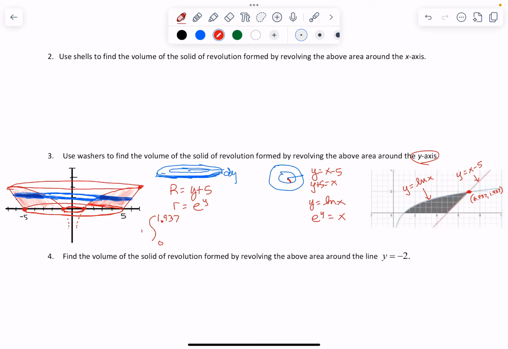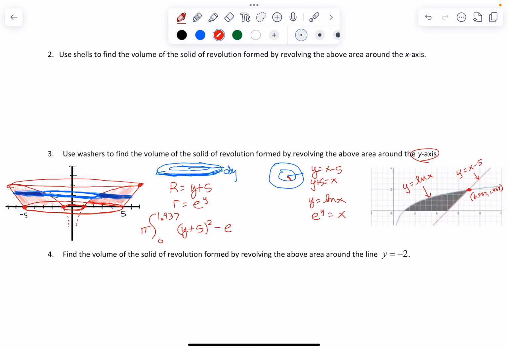And it's going to be pi times big R squared, so it'll be (y plus 5) squared, minus pi times little r squared, which is going to be (e to the y) squared, and then we have dy.